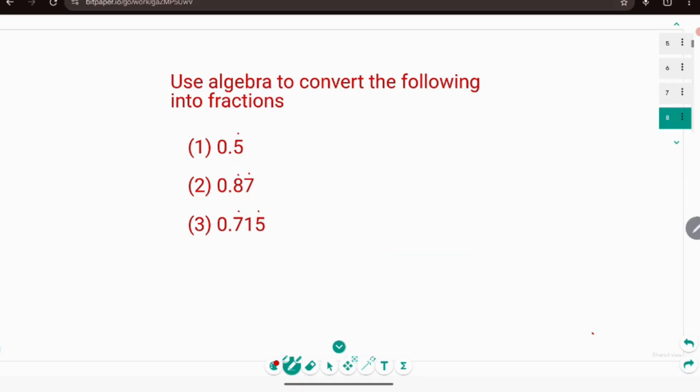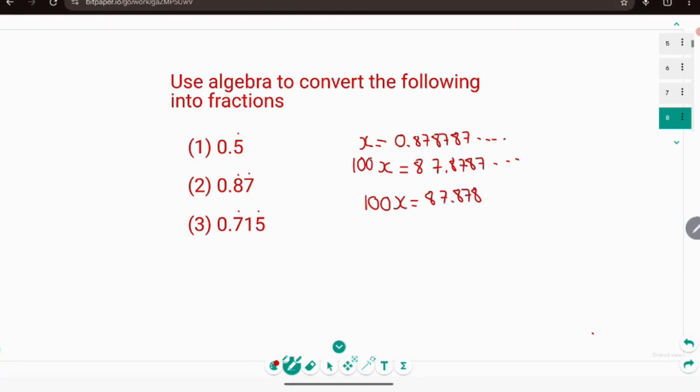Question 2. Multiply by 100 because of the double digit recurring. 100x is at the top. x is underneath. Line everything up nicely.